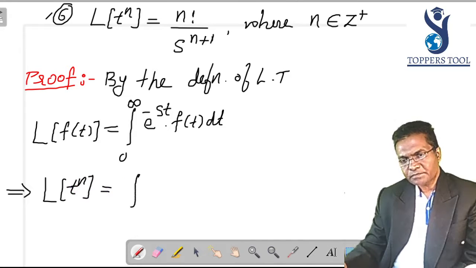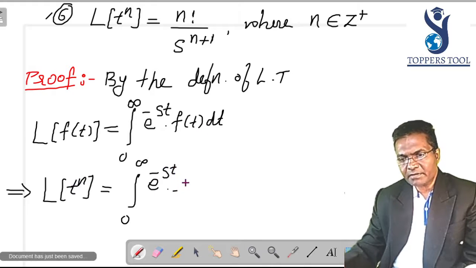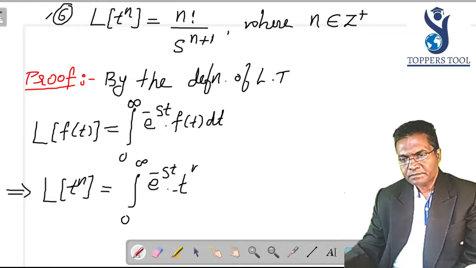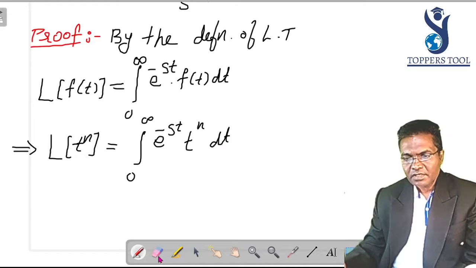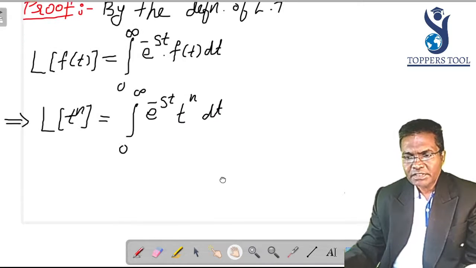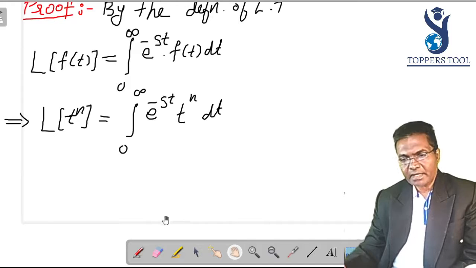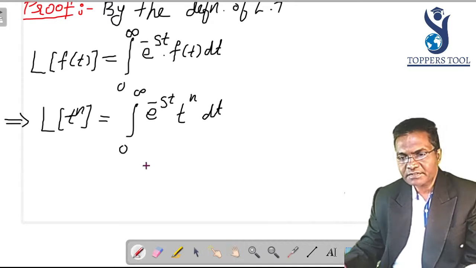So 0 to infinity e power minus st, and your f of t is t power n, t power n dt. Now you need to integrate it by parts.